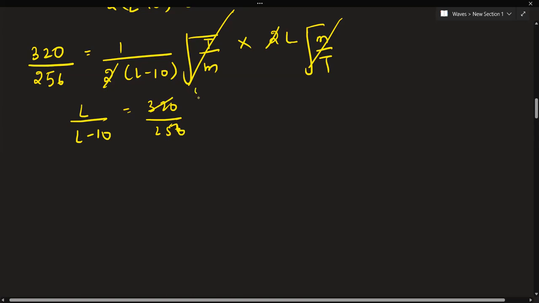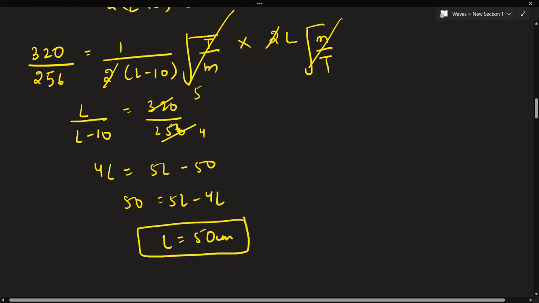This will be 5, this will be 4, that is 16 into 4, 16 into 5. So if I cross multiply, this will be 4L equals 5L minus 50. So 50 will go to this side. This will be 5L minus 4L. So L will be what? 50 centimeters. Understood?